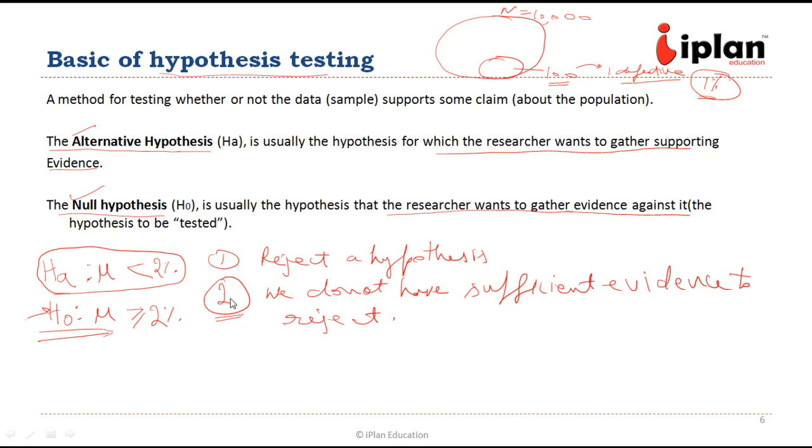There could be another case where we are not able to reject this null hypothesis. In that case, we are not saying that in the population the defective pieces are more than 2%. We can only say that we do not have sufficient evidence to reject this hypothesis of defects being 2% or more.